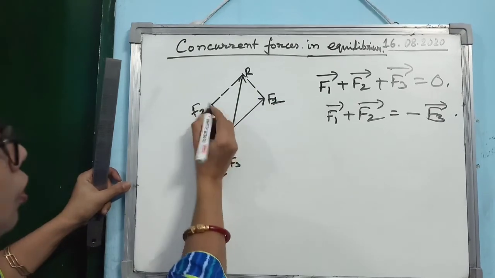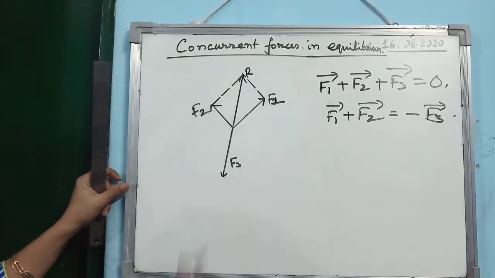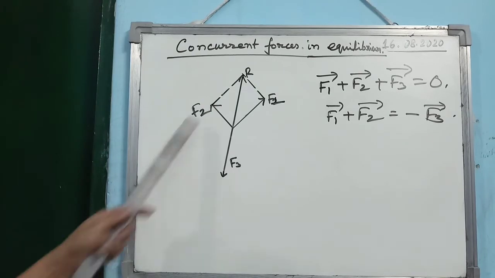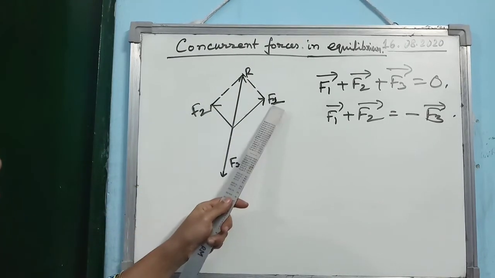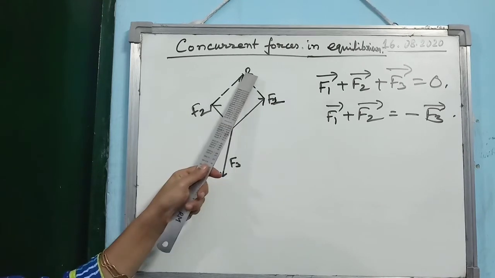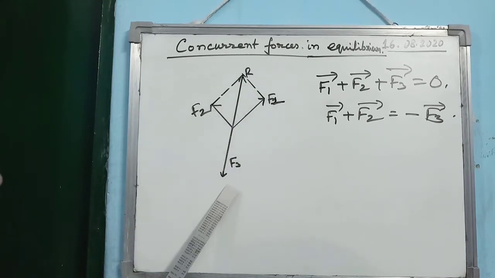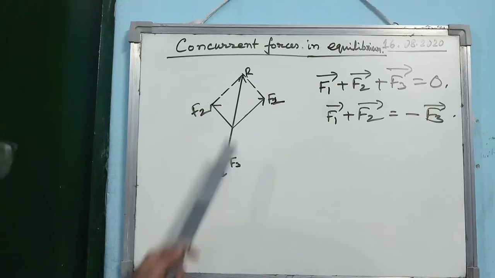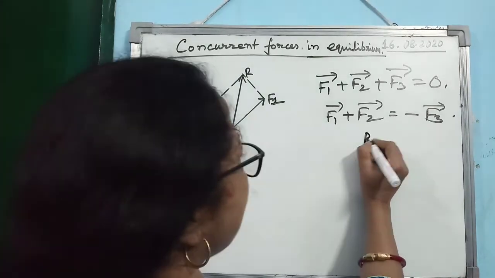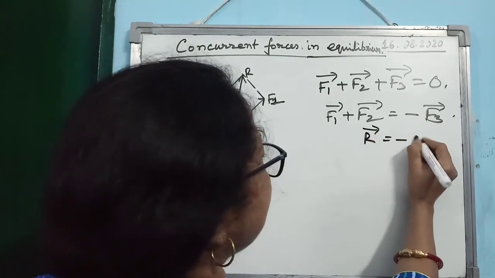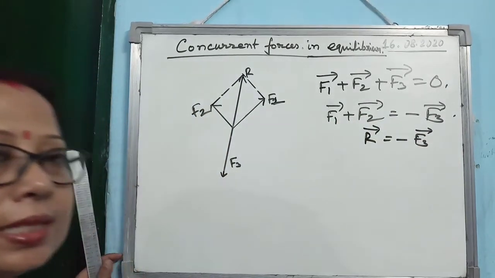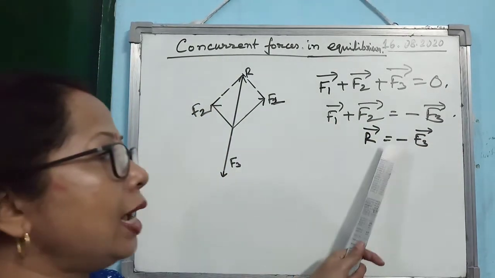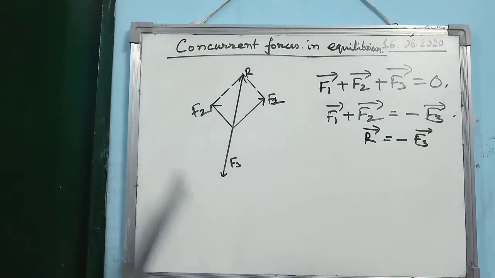For F1 and F2, you just complete the parallelogram and draw the diagonal. So R is the resultant of F1 and F2. Look at R and F3, they are equal in magnitude but opposite in direction, means R is equal to minus F3. Resultant of F1 and F2 is equal in magnitude to F3 and opposite in direction. This is one way you can get the explanation.